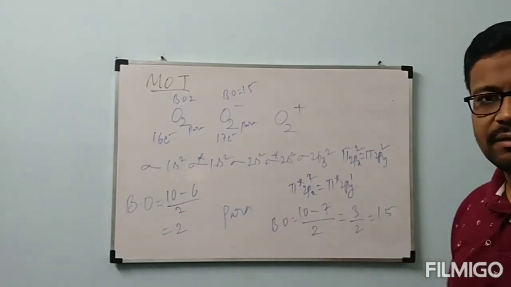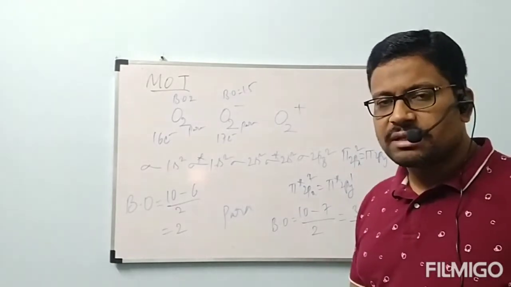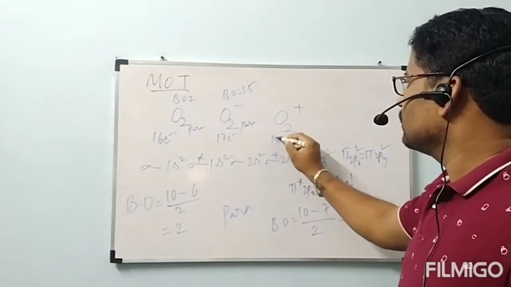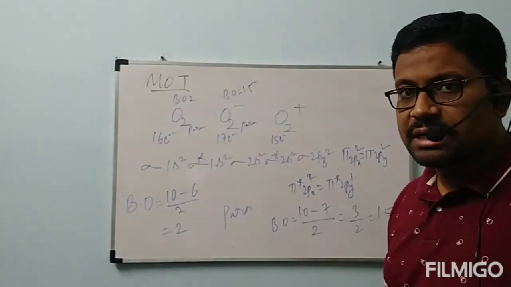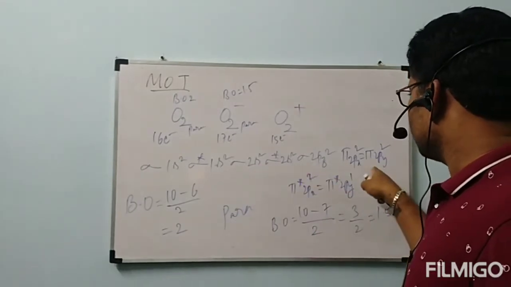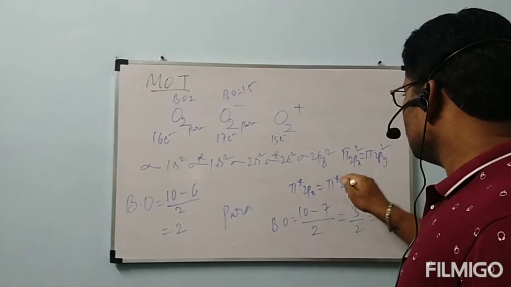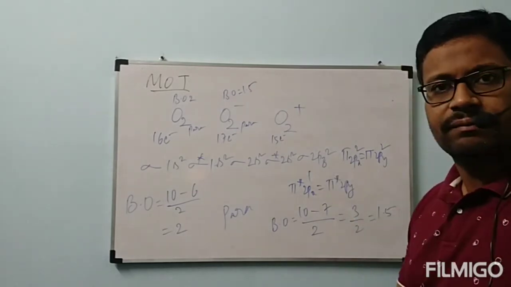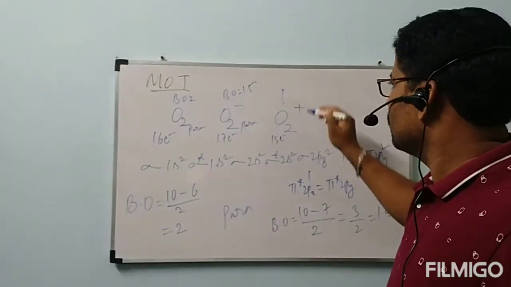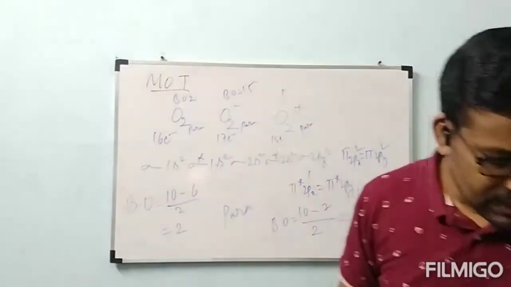Coming to O2 plus. O2 has 16 electrons, and plus means 1 electron less, so that is a 15 electron system. This is the 15 electron system electronic configuration. Up to here it is the same, 14 electrons, and here only 1 electron will be there. This is also paramagnetic because it has one unpaired electron.